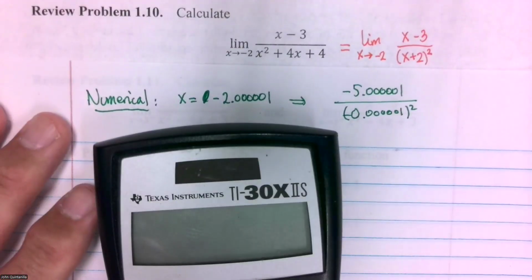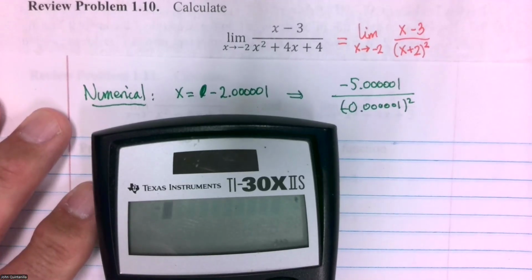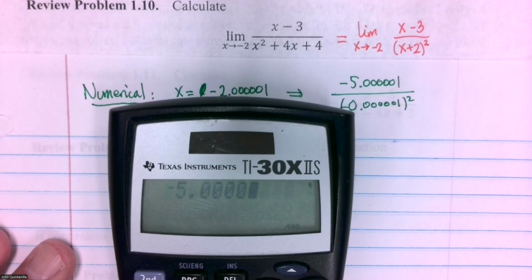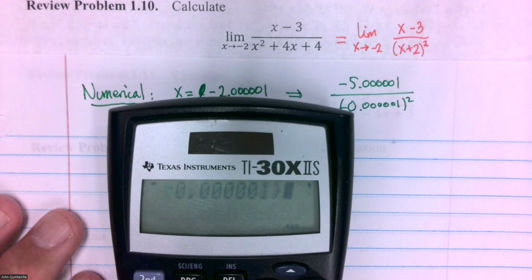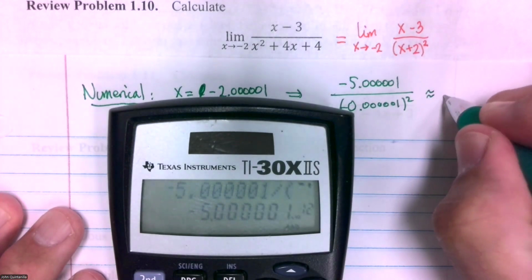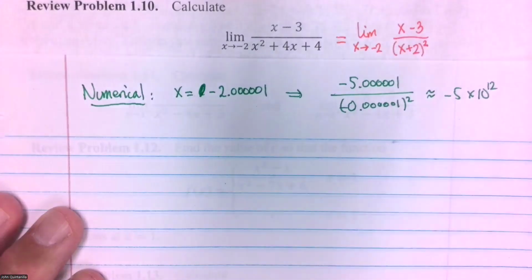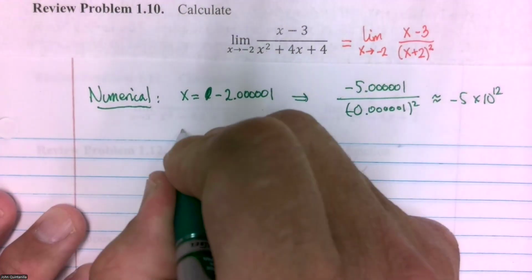Plugging that into my calculator, I would get a fairly large number, on the order of -5 times 10 to the 12th. That's -5 trillion.